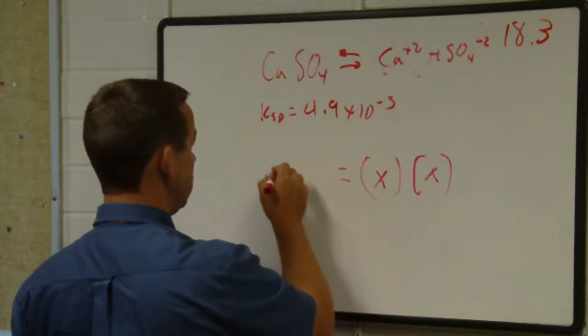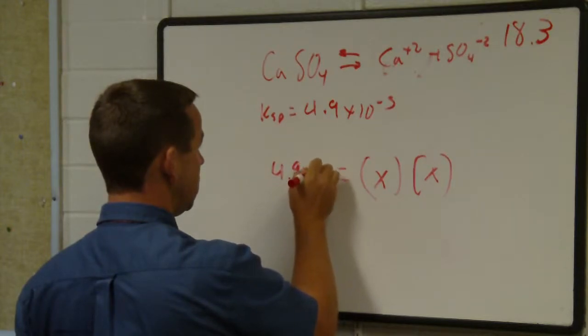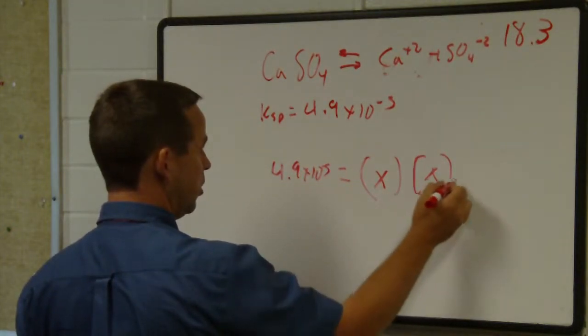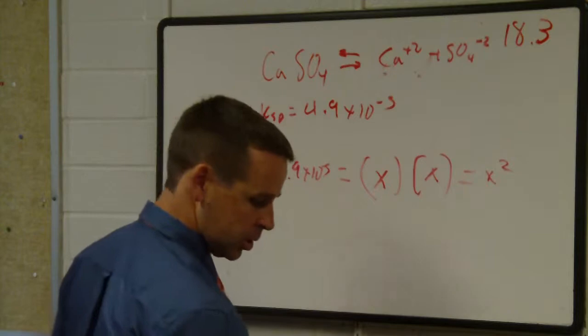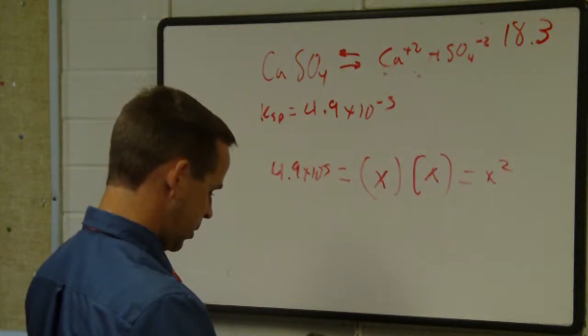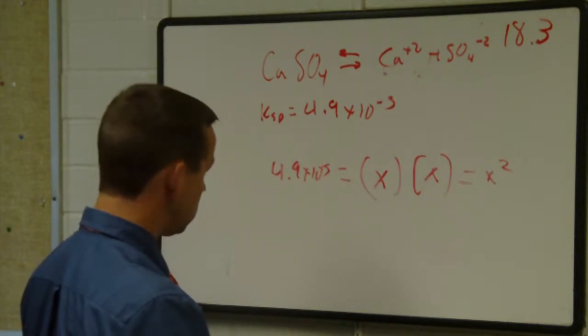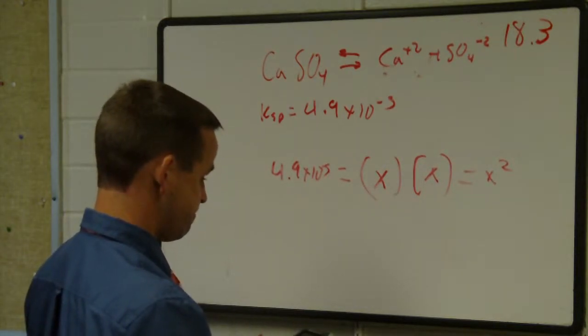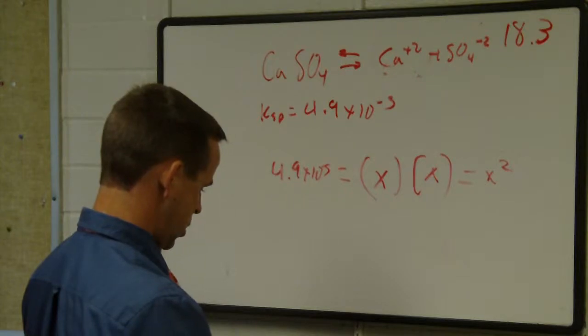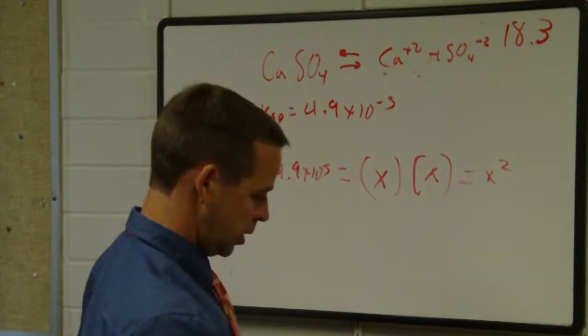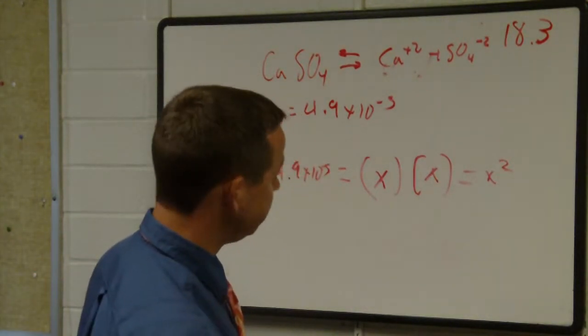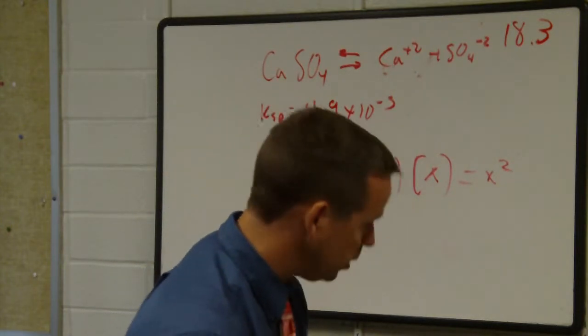So X squared is going to equal 4.9 times 10 to the minus 5. And we can just take the square root of 4.9 times 10 to the minus 5. Okay, 0.007.